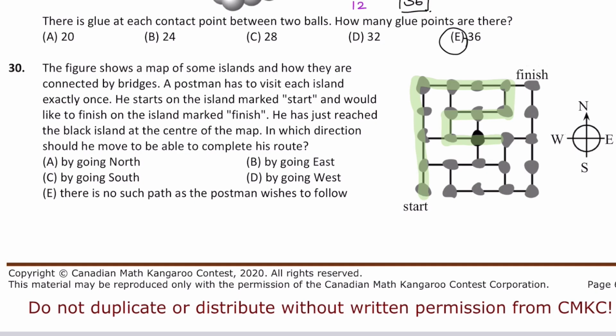This is kind of like a snake pattern, and we'll reach our finish point. So from the start, if you're trying to go in a direction that would lead us to the finish point of this route, from the middle point over here, it's if it goes east, right? So by going east, they'll finish their route.